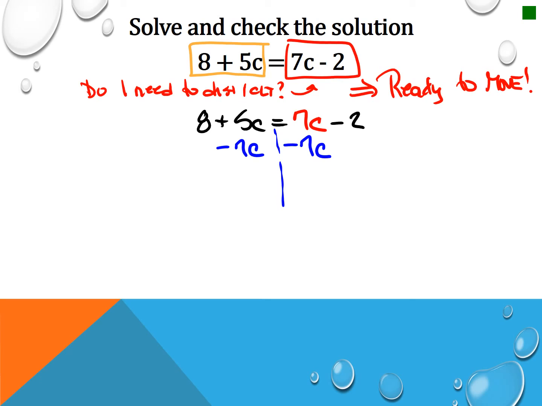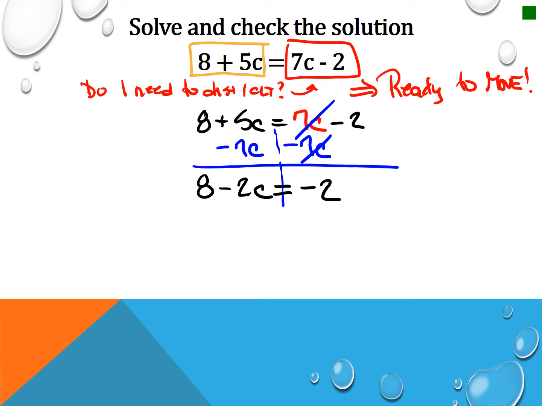His friend is the other term that has a C in it. So over here, those 2 cancel. On the left-hand side, I have 8. 5 minus 7 is minus 2C equals -2. This is why I like to move things to the left. Now it looks like a nice little normal 2-step equation like we did last time.